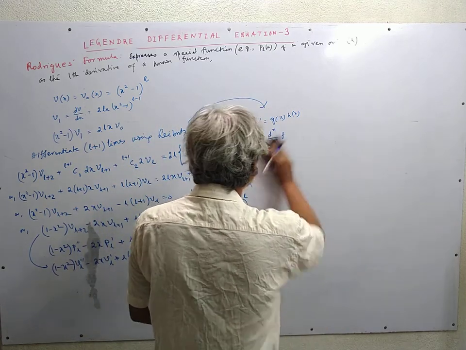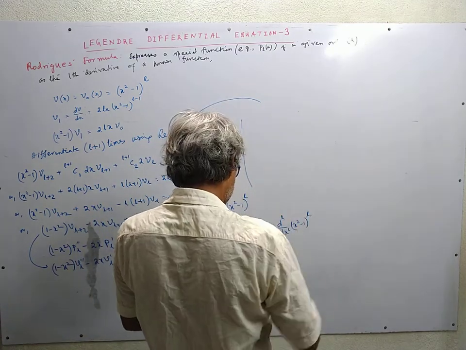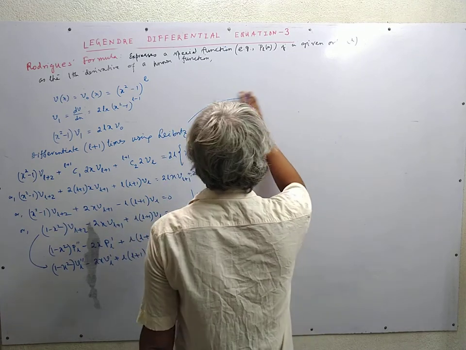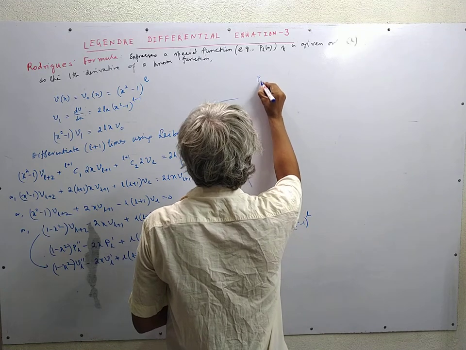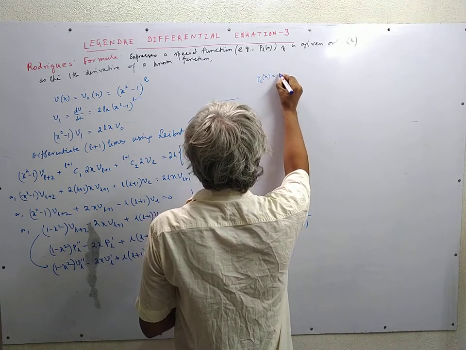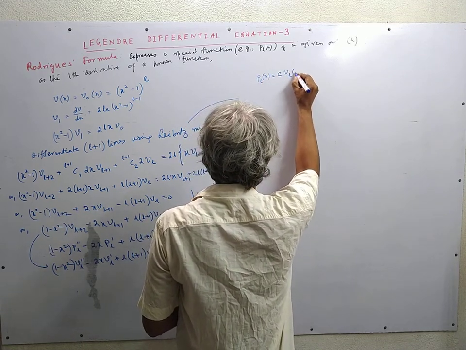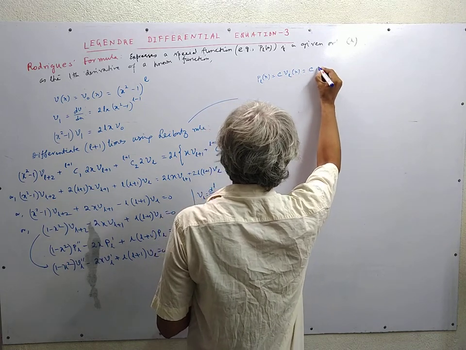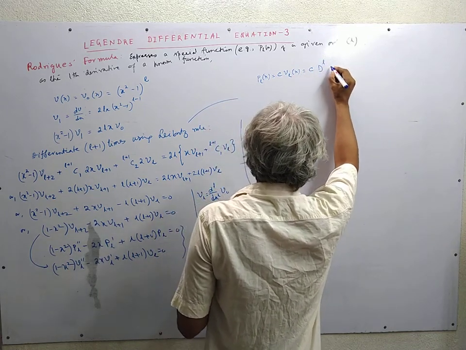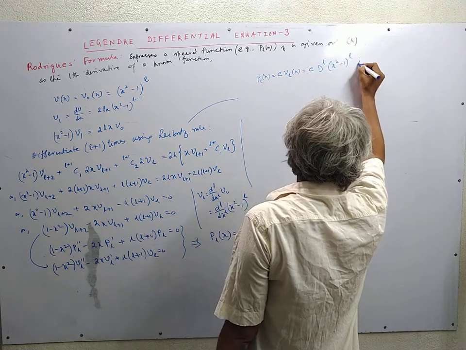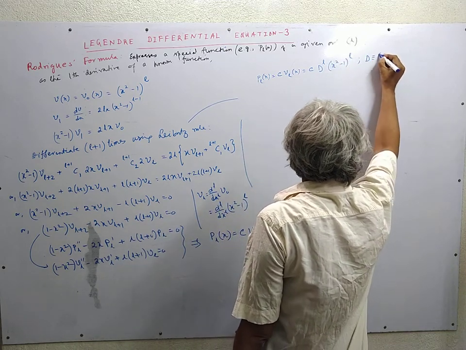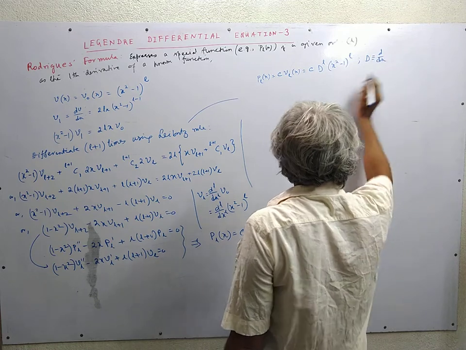Again we shall use Leibniz, but first let me define some things. We write PL of x is equal to C VL of x is equal to C D^L, where D operator is the d/dx operator.